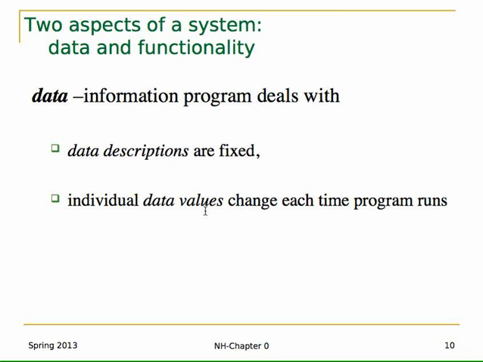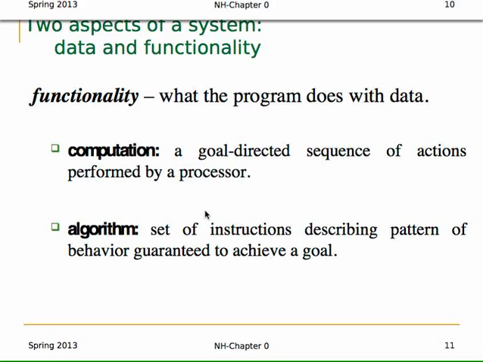For example, if you're dealing with a game, the score can be a data value, and that might change. The number of points that you get for each activity might change, and those are all things that can change every time the program runs.